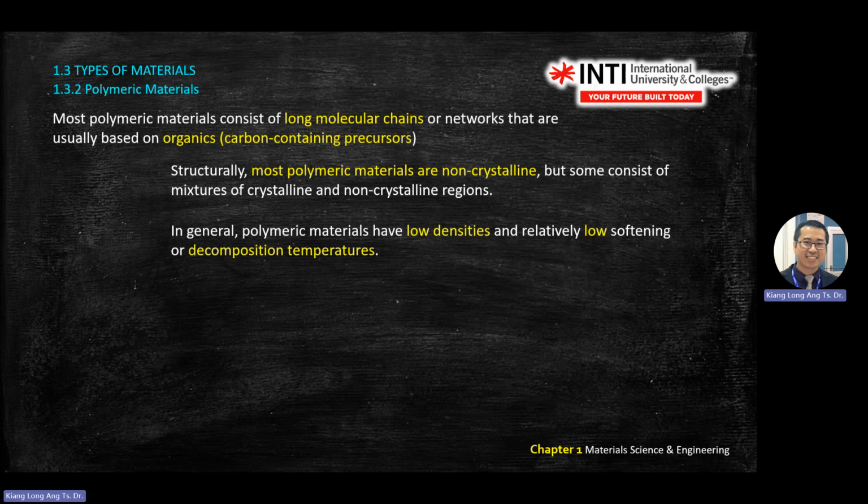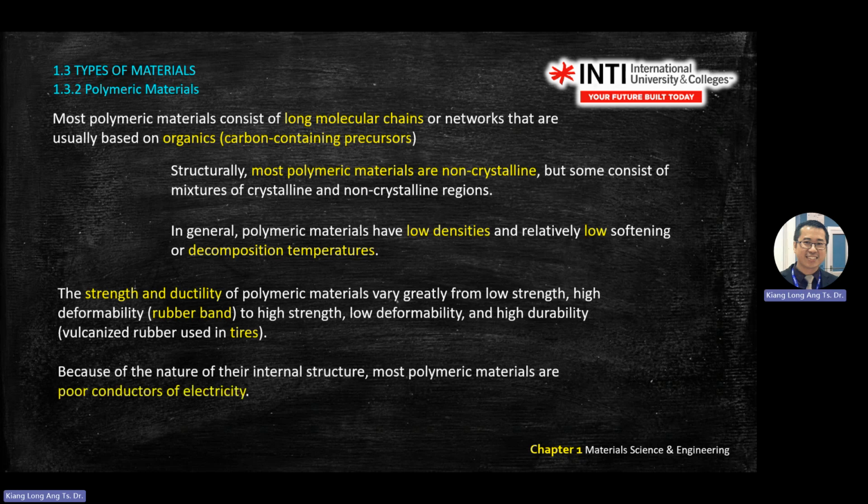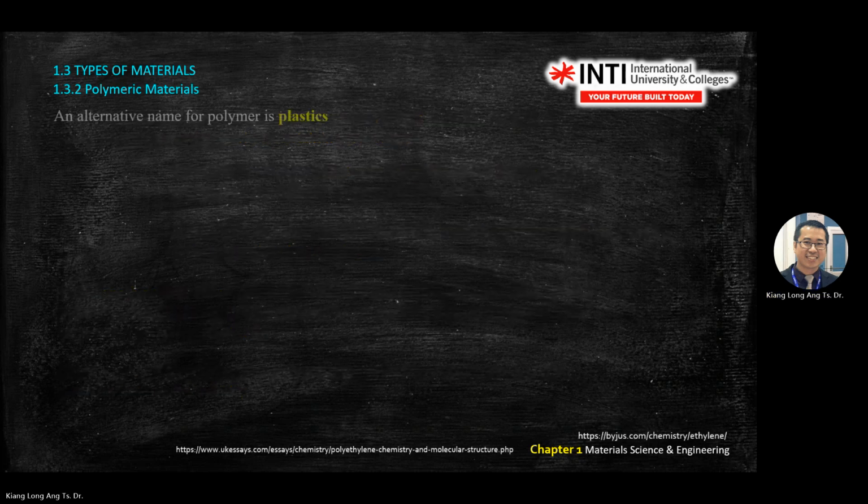So these are the general properties. Low density, low decomposition temperature, means they easily melt like plastics. If you have a flame or high temperature, the plastic will melt. The rest you read. We'll come to this in the respective chapter.